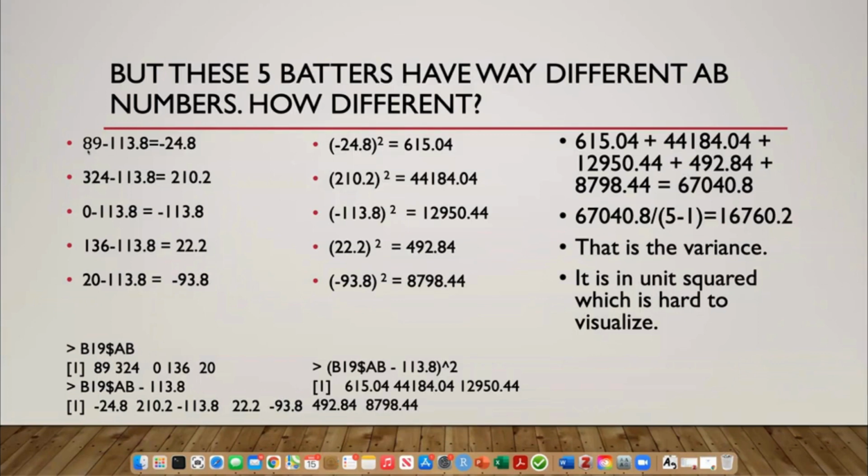So 89 minus 113.8 is negative 24.8. If we square negative 24.8, we get 615.04. And we do that for all the observations. We then add together our squared, what we call squared residuals.